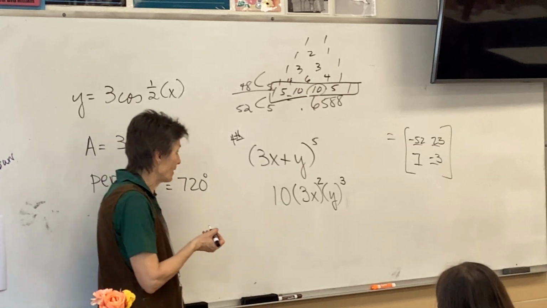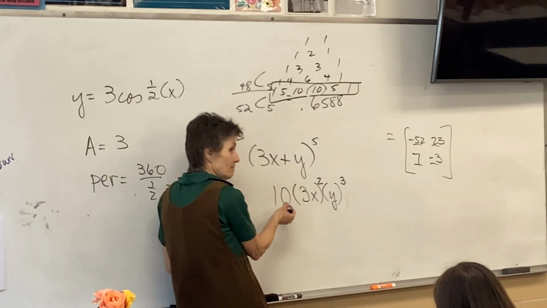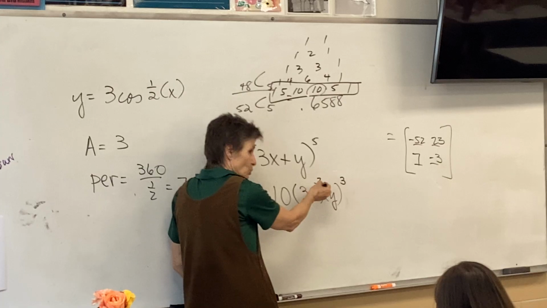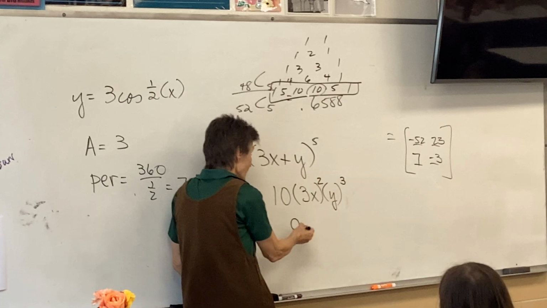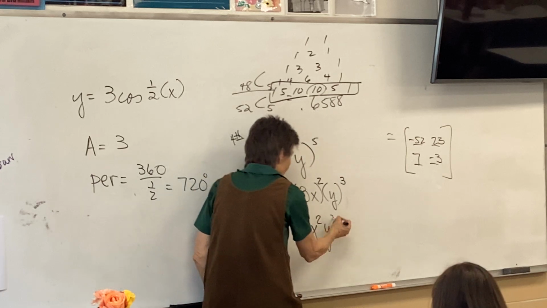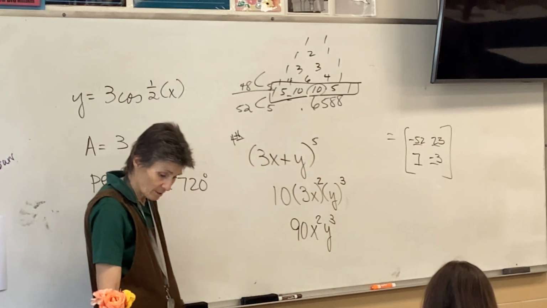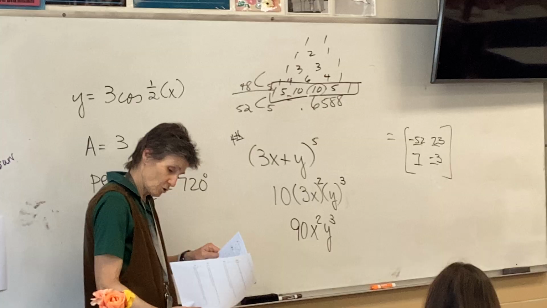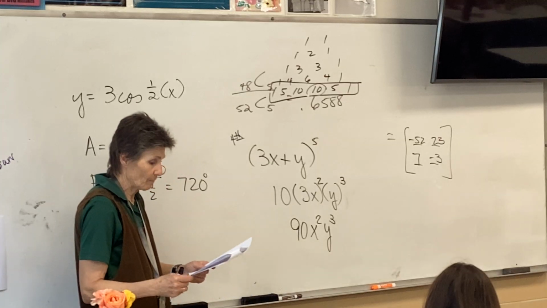And now I simplify it. So I have 10 times 3 squared, so 90, x squared y cubed. There it is. There is your fourth term of that row.